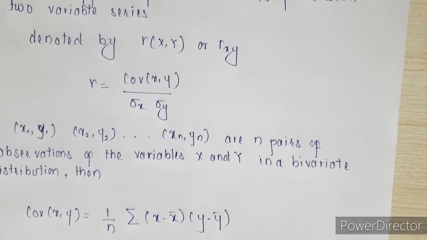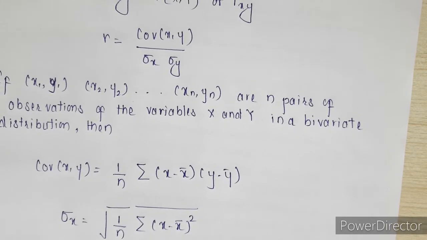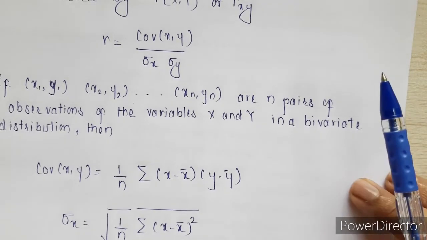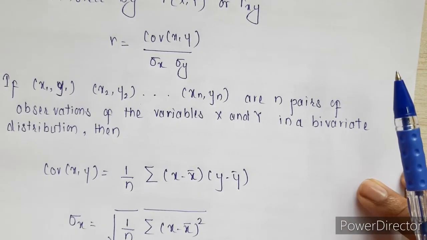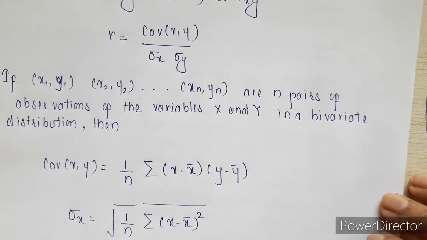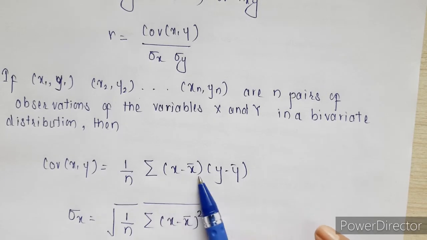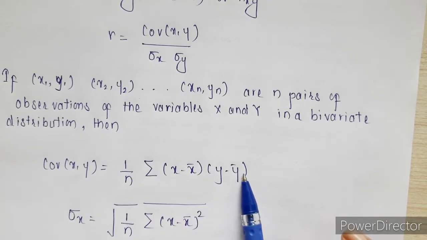Now suppose we have n pairs of observations of variables x and y: (x1, y1), (x2, y2) till (xn, yn). Then covariance of x, y is given as 1 upon n summation of (x minus x bar) into (y minus y bar). It is the product of deviations of x and y.